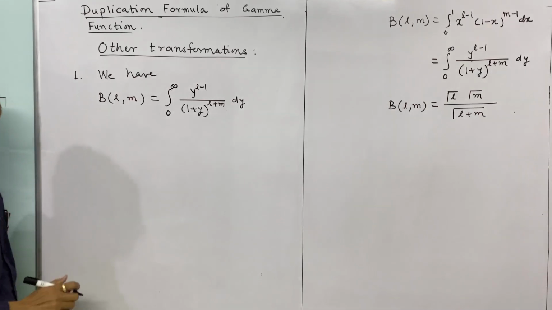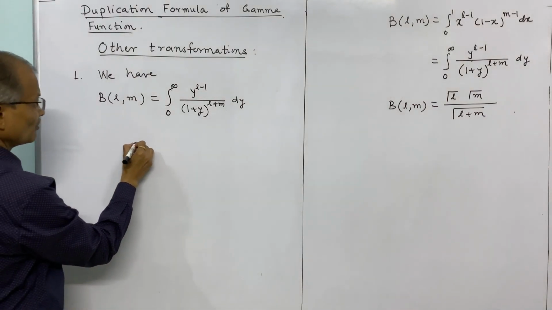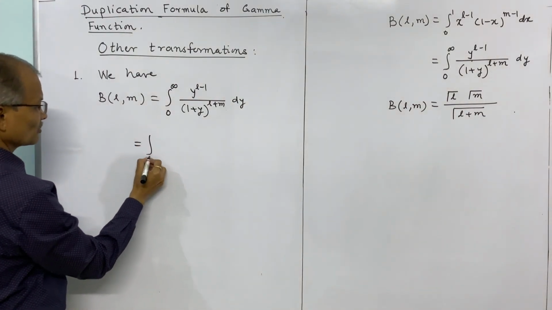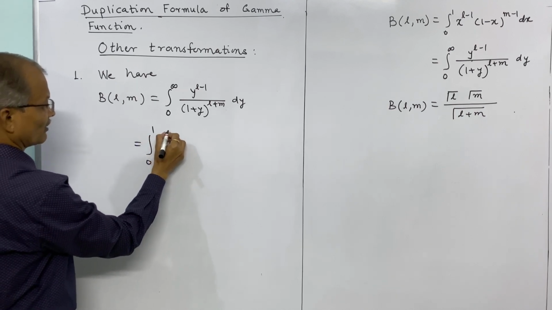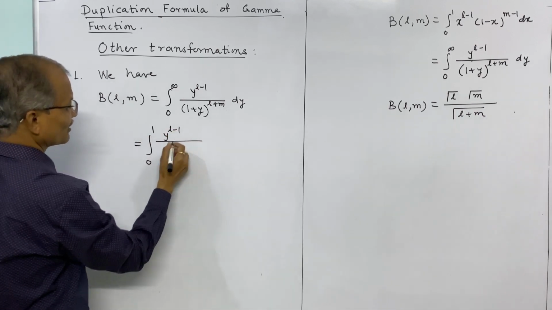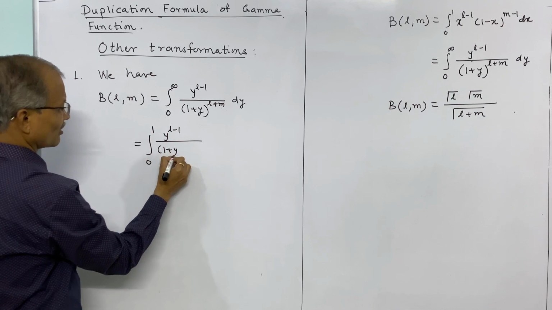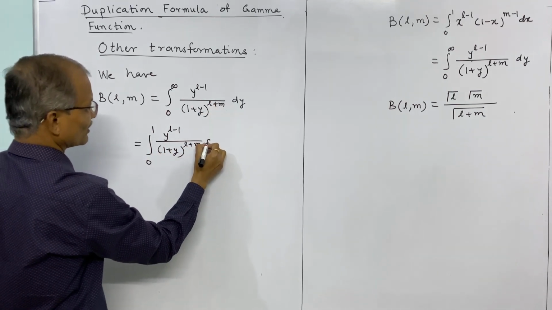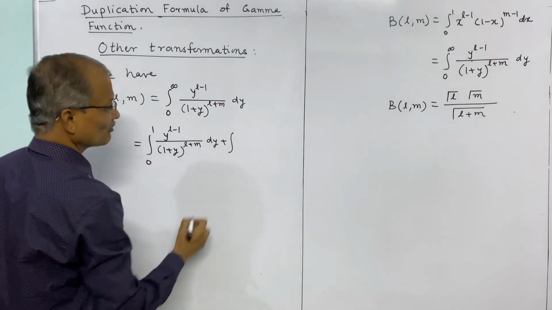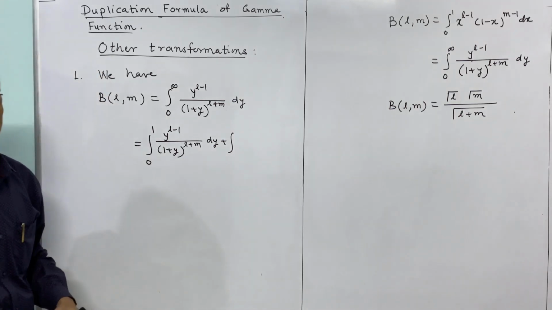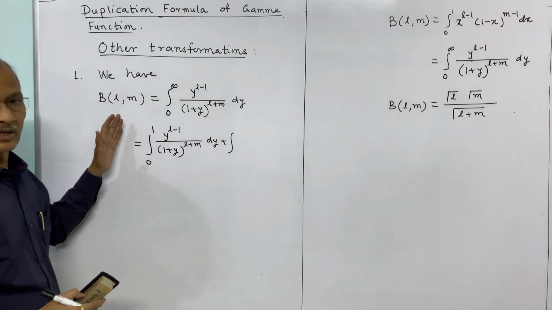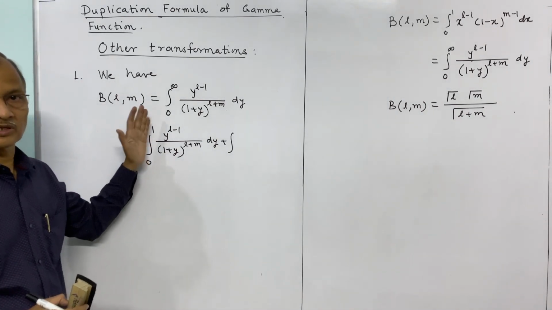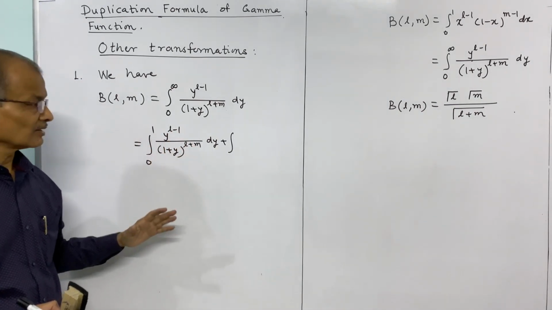And this we shall write in two parts: integral 0 to 1 of y to the power L minus 1 divided by 1 plus y to the power L plus M into dy, plus, using the properties of definite integral, where integral a to b can be written in two parts, a to c plus c to b.